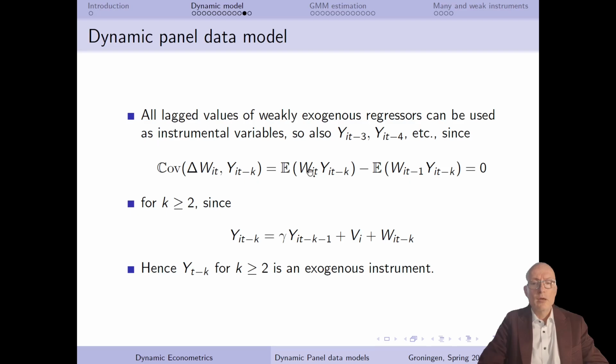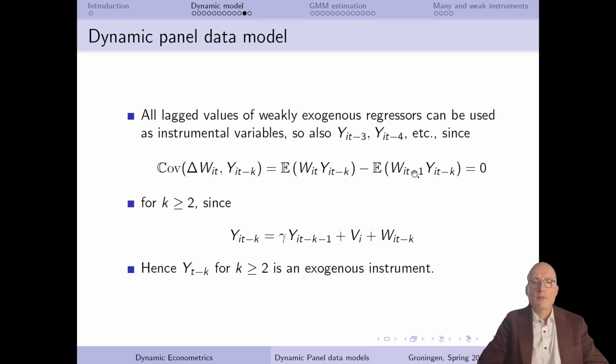So therefore, we only have to look at this WIT minus K. But definitely, WIT is uncorrelated to WIT minus K for K larger or equal to 2. Well, actually, under the assumption of no serial correlation, WIT is already uncorrelated to WIT minus 1. So definitely also uncorrelated to WIT minus 2, WIT minus 3, etc.